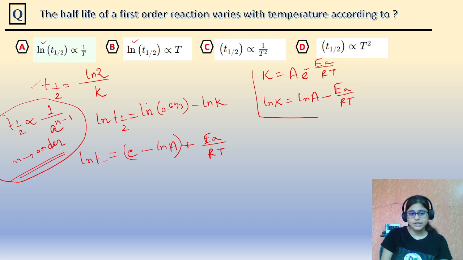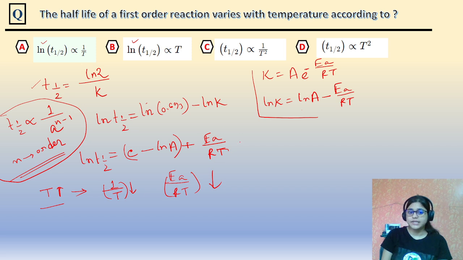And ln t half is there. So what can we say about t half and temperature? Like this we can't understand, right? So let's see what will happen when temperature increases. When temperature increases, 1 by T will decrease, right? And if 1 by T decreases, this whole term Ea by RT will decrease.